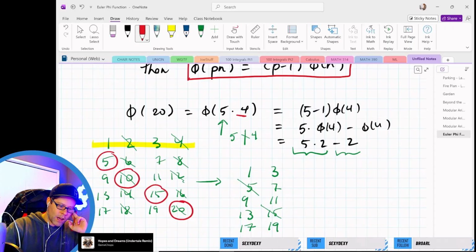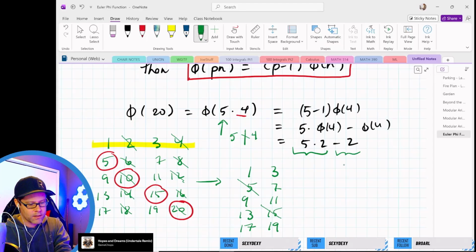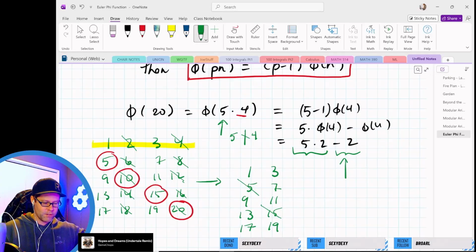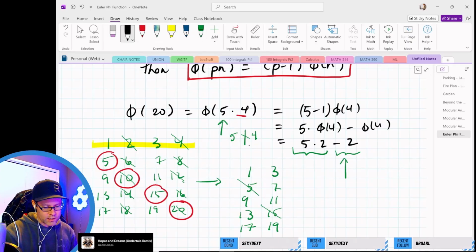And they're saying that a couple of these are already going to be crossed out. So rather than subtracting 4, we're going to be subtracting phi of 4, the ones that haven't already been crossed out. So that's what this 2 means. So instead of subtracting all 4 multiples of 5, we're only subtracting the ones that haven't been removed yet, which is represented by phi of n. Interesting.